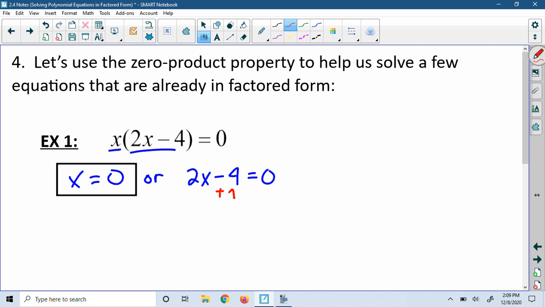Just use our good old algebra properties. So I'm going to add 4 to each side, and we get that 2x equals 4. And then I'm going to divide both sides by 2, so we get x equals 2.